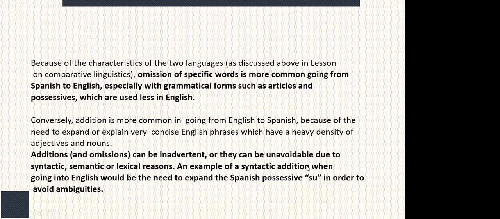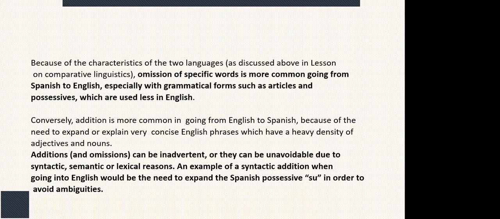So you'll have to bear with me because there is some theory behind the reasons for adding information in translation, adding in the target language rendering. Because of the characteristics of the two languages, as discussed in comparative linguistics, omission of specific words is more common going from Spanish to English, right?